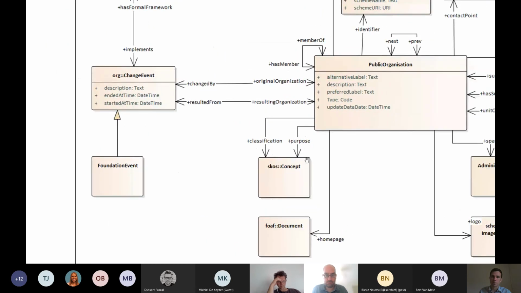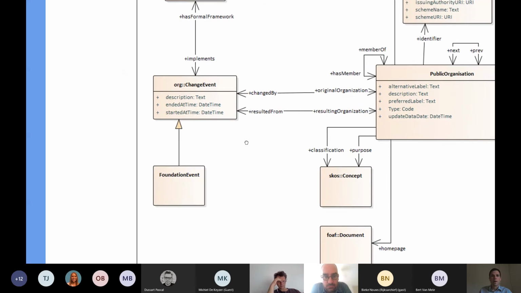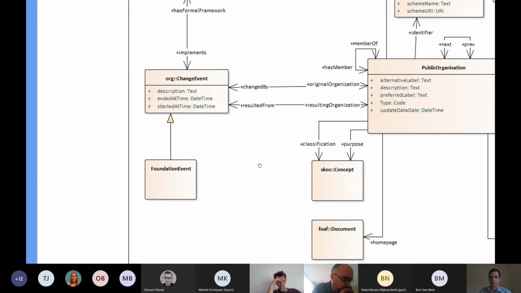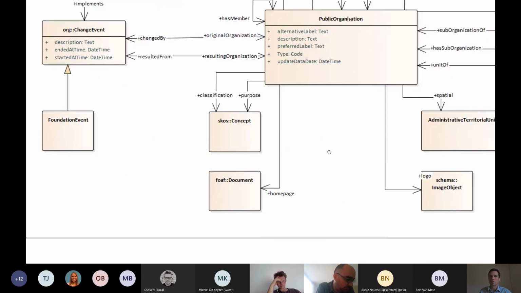Similarly to the public service model, we have a concept class that we used in the example for the purpose definition, but it can also be used for any classification defined. We discussed the change event, but actually there is also the foundation event, which is a specific type of change event. If we need to capture specific information about the foundation events that is different from the change events, feel free to think about that, and we can discuss it right after.